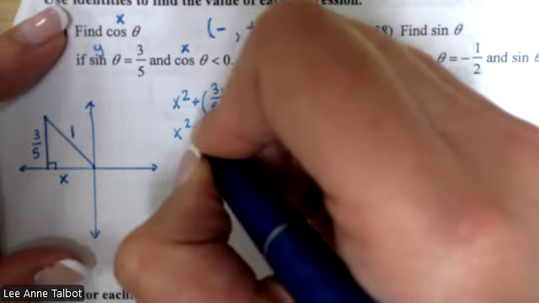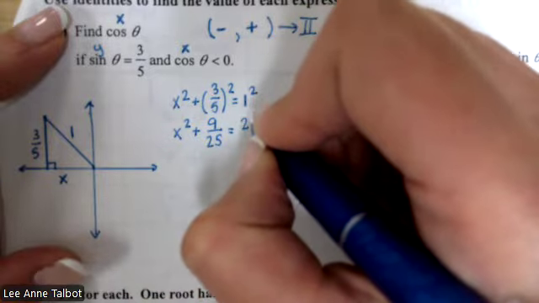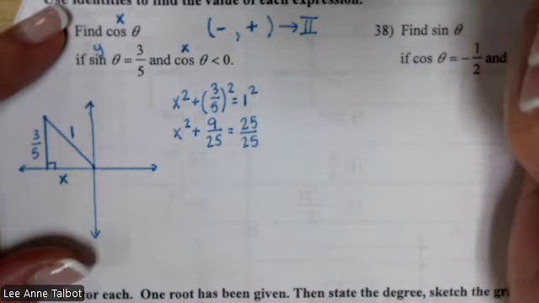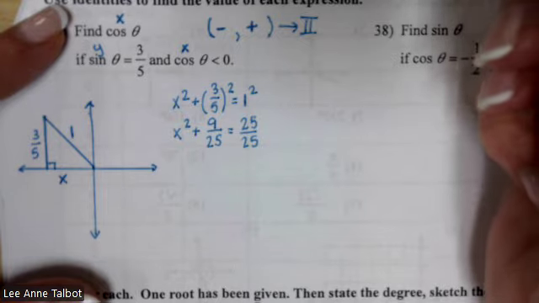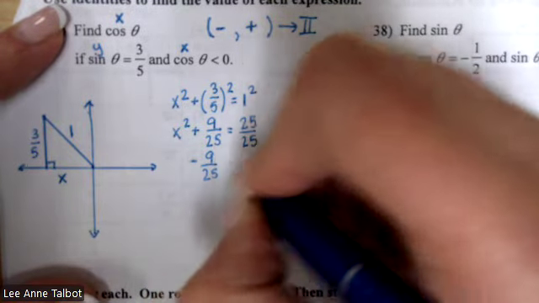X squared plus 9 over 25 equals 25 over 25. Okay, Ava, does my 25 over 25 make sense? Okay. I just really skipped a step there.